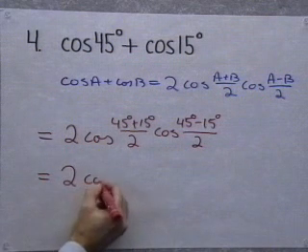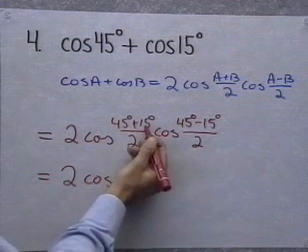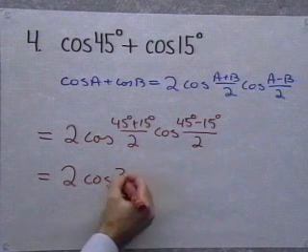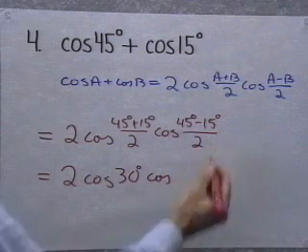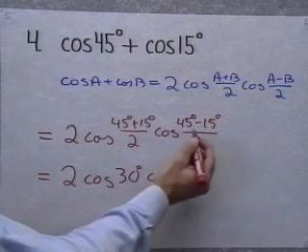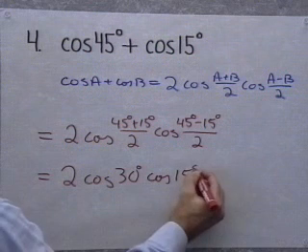And that's 2 cosine of 45 plus 15 is 60, divided by 2 is 30. Cosine of 45 minus 15 is 30, divided by 2 is 15 degrees.